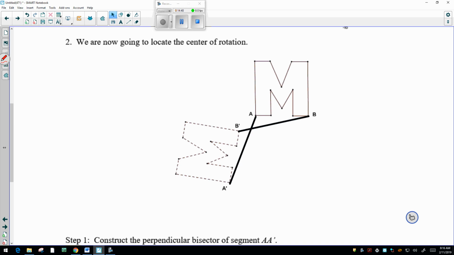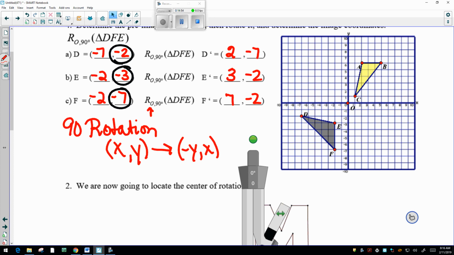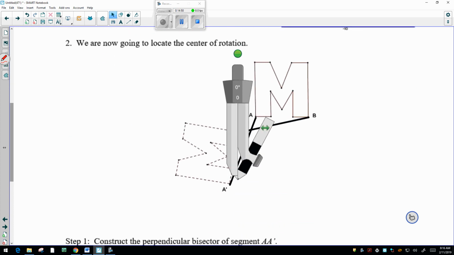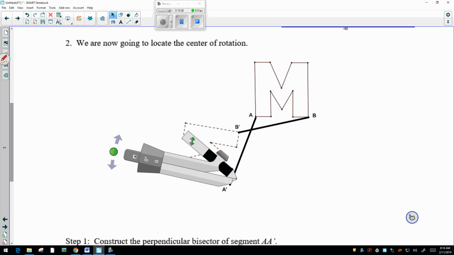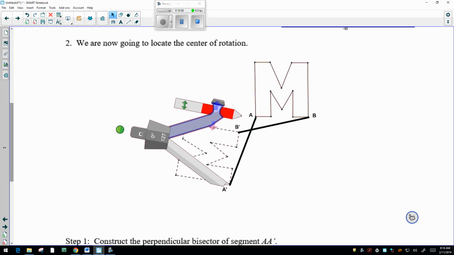Okay, so first thing that we're going to do is get our compass. When you're doing a perpendicular bisector, take your compass and open it about as wide as the segment. We said it had to be a little bit more than halfway.